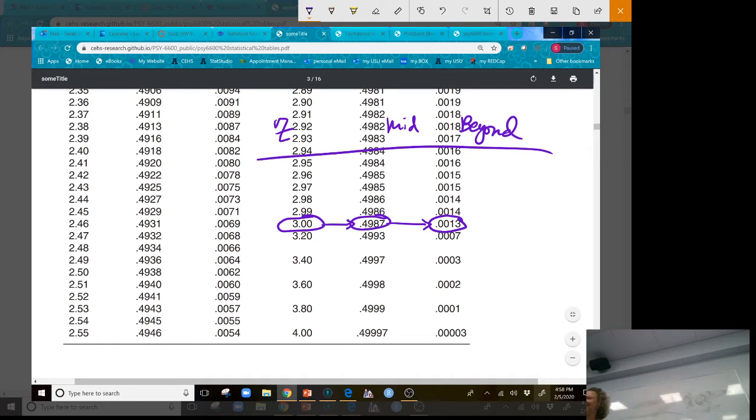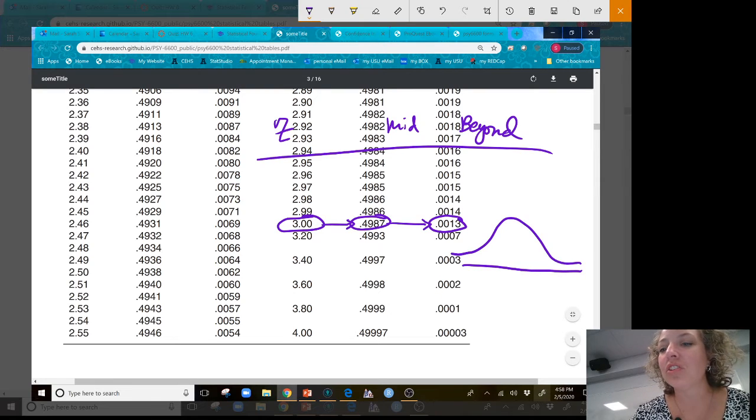It depends. What kind of p-value were we doing? A one-tail or a two-tail? Does it say? It doesn't say, so we have to do a two-tail. So if our z-score is 3, this tail is 0.0013.